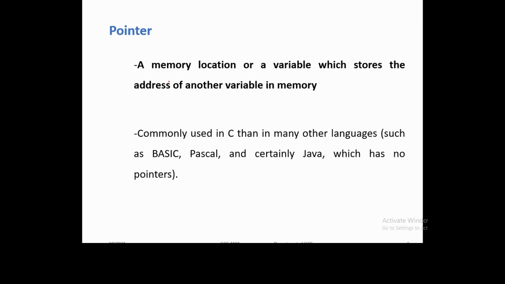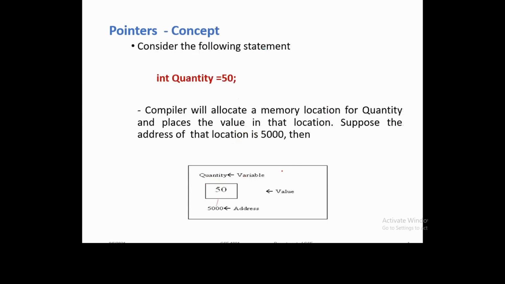So a pointer is nothing but a variable which stores the address of another variable in memory. If I declare a pointer like *ptr, suppose the address of this ptr is 30, but in its place I assign the address of this particular variable, then the value here will be the address of that variable. Now by using this pointer we can access the value at that particular location.